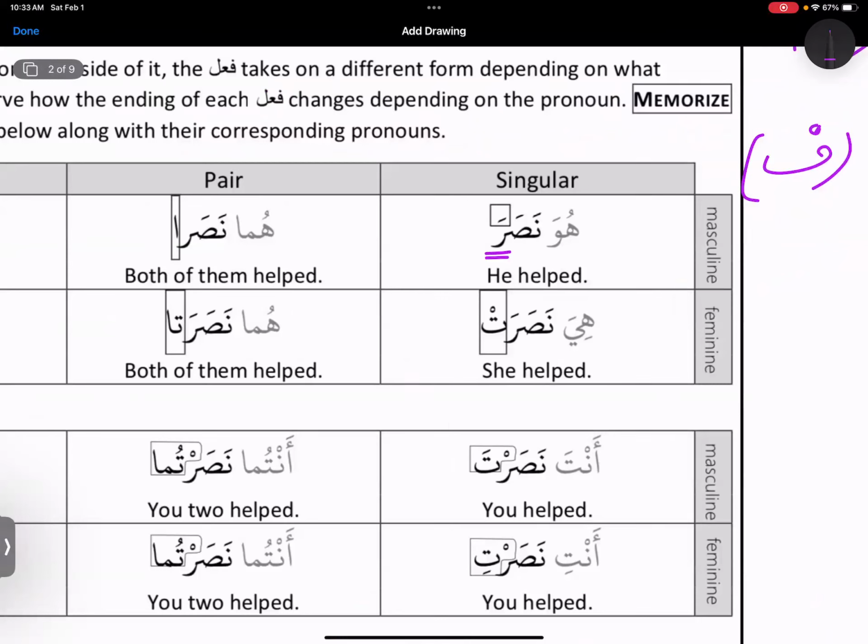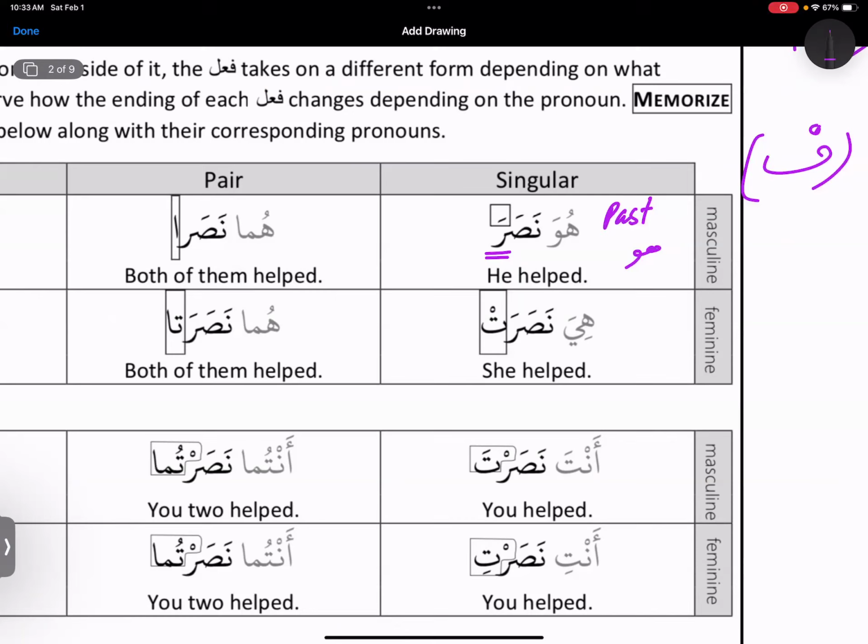So then most likely I'm talking about past, and I'm talking about the huwa version. Then you should know that this is past tense and the pronoun is what? Huwa in it, right? So huwa, nasara.